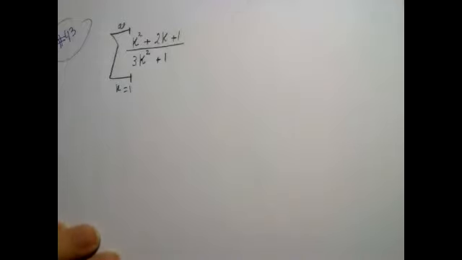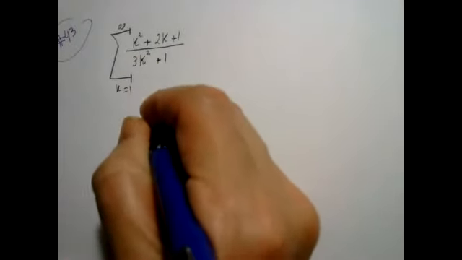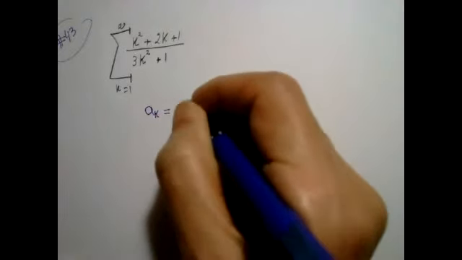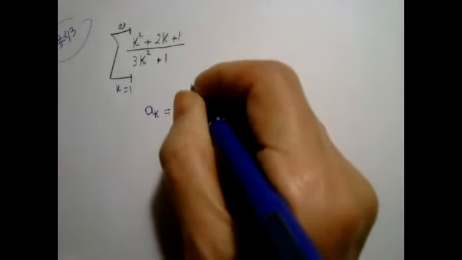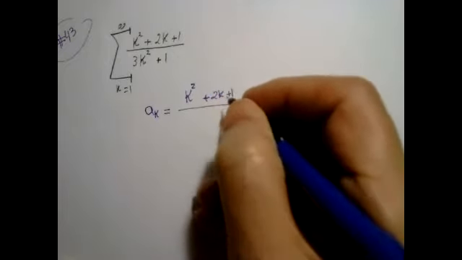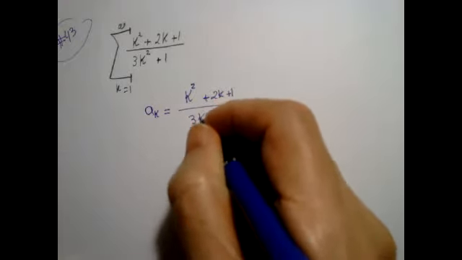So we're adding those terms, very messed up terms, but it is what it is. So these are my a_k. These are the terms I'm interested in: k squared plus 2k plus 1 over 3k squared plus 1.